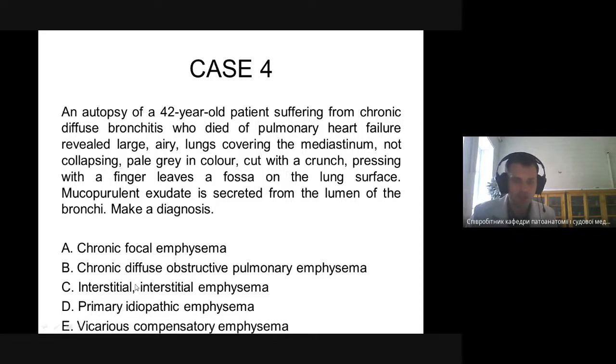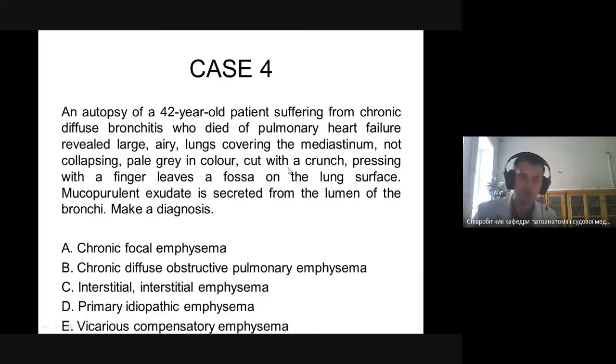No. Interstitial emphysema? No, that wasn't interstitial emphysema. Primary idiopathic emphysema? No, it wasn't idiopathic, I think, because we know the previous condition. It followed chronic diffuse bronchitis.